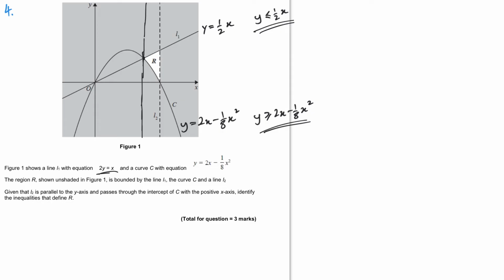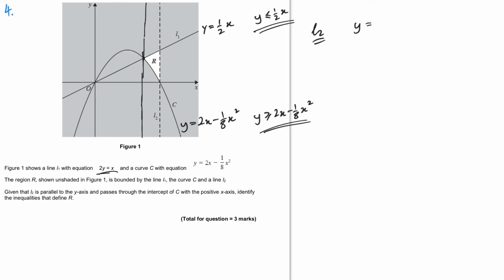Okay, so that's one region that I'm going to have to find. I can find that by looking at the intersection of my two graphs. Now let's look at the L2 line. First we're going to need where OC hits the x-axis.